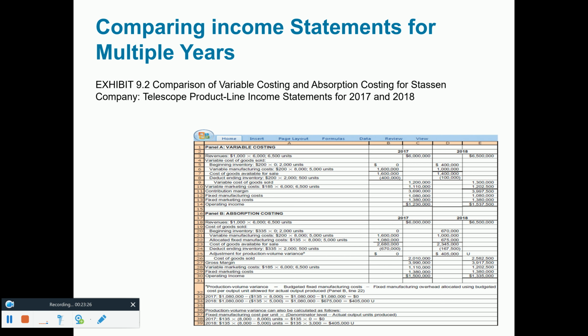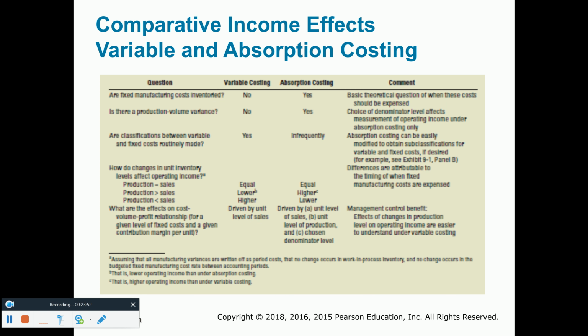If we sell more units than we produce, the absorption costing net income is going to be lower because we are absorbing all of that cost into the cost of goods sold. The fixed manufacturing cost is being absorbed into the cost of goods sold. All right, so that's basically what you need to understand how that works.